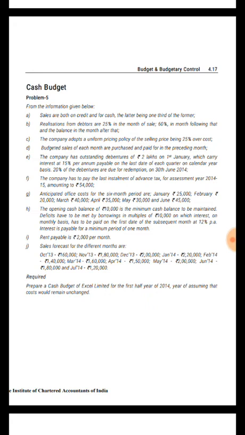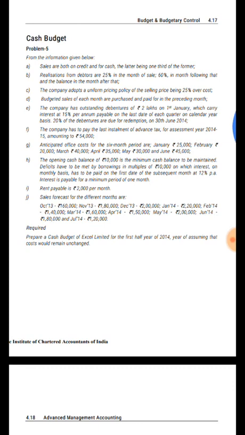So for example, February's purchase is paid in January. That's what they are saying. So 1,40,000, which is sales and which is 25% over cost, we have to bring down that sale. We have to remove that profit element. That's why it will be called cost purchase.